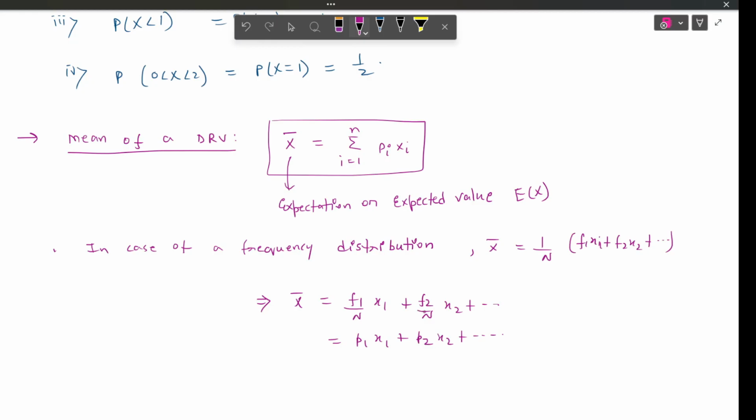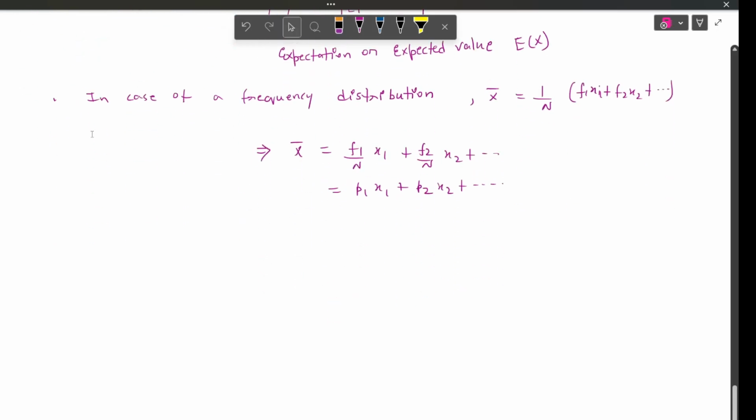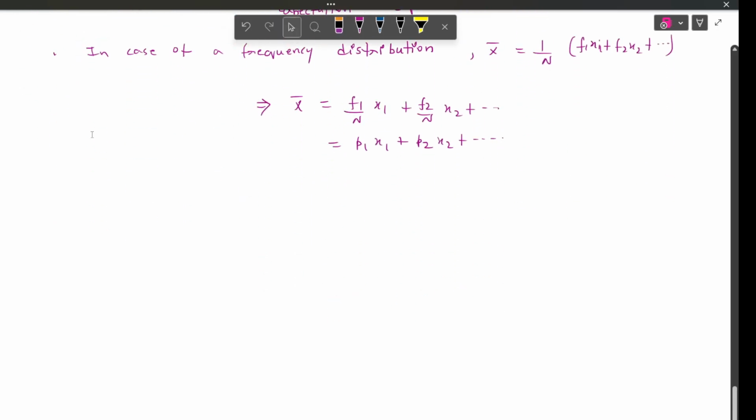So if we replace fi by n with pi, we obtain the mean of a discrete random variable. And this mean of a random variable means mean of its probability distribution.